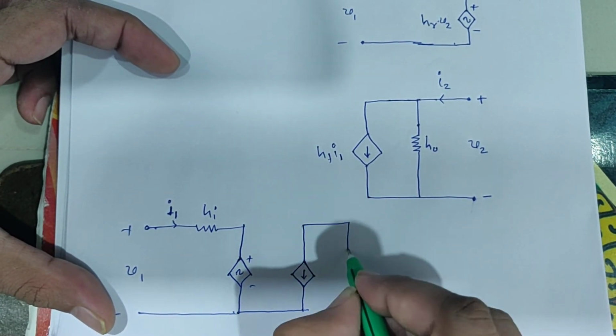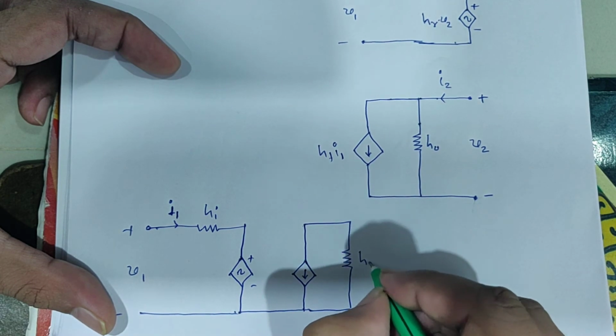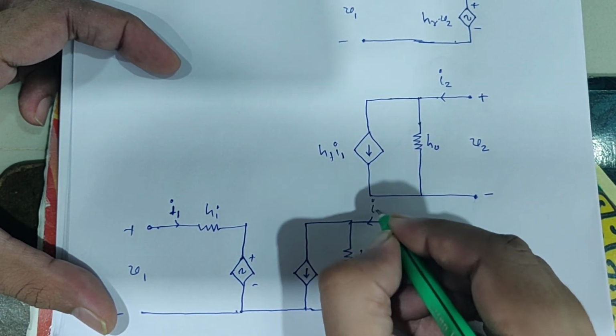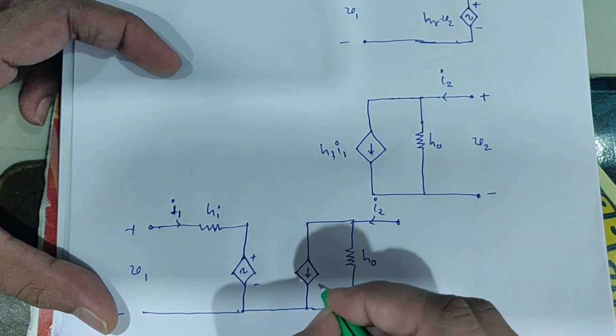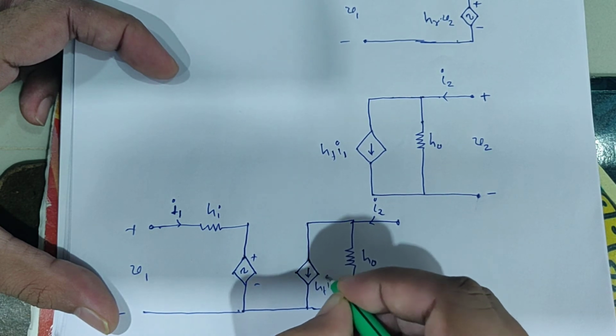This is the admittance HO, and the current flowing is I2, and the value of this is HF into I1.